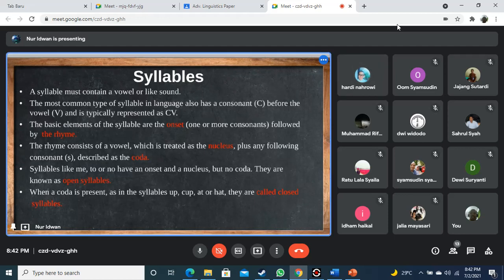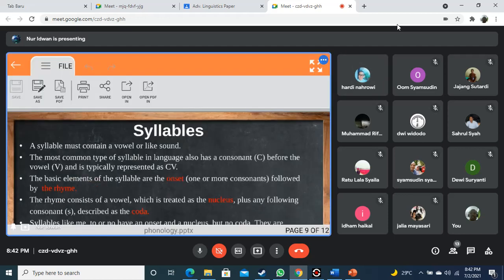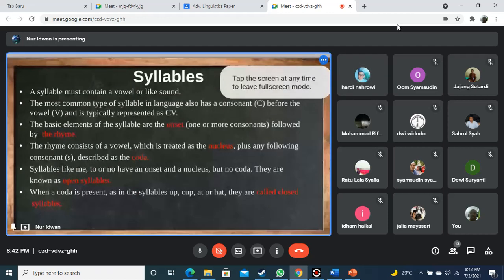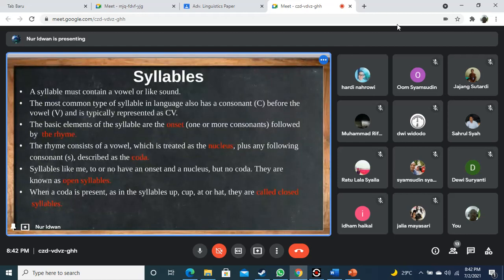The basic elements of the syllable are the onset, one or more consonants, followed by the rime. The rime consists of a vowel, which is treated as the nucleus, and any following consonant is described as the coda.